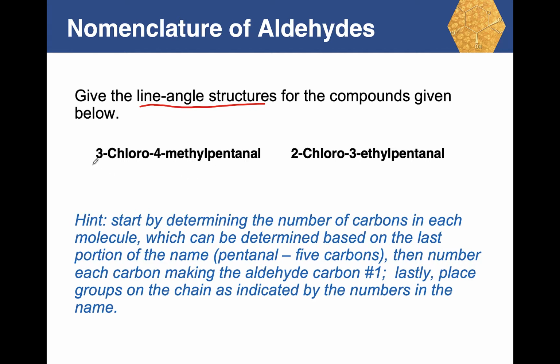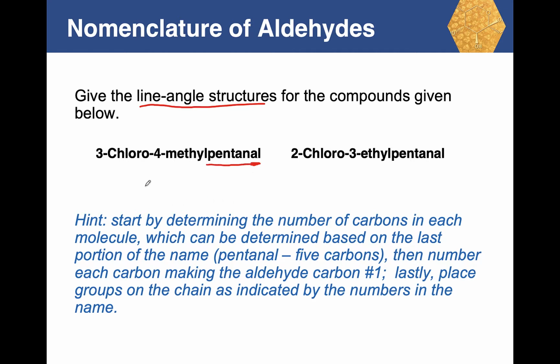So here is the name of a compound. First of all, we need to recognize what functional group is present. The functional group present is indicated at the end, Al. So that's an aldehyde. It has 5 carbons because it's a pentanal.